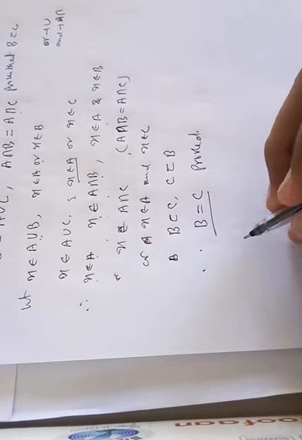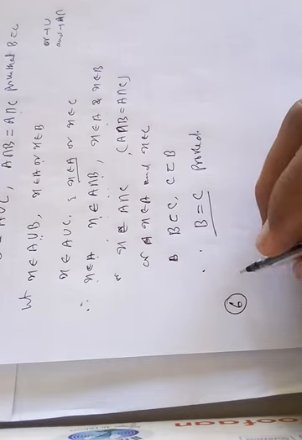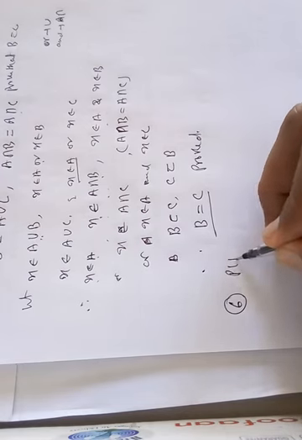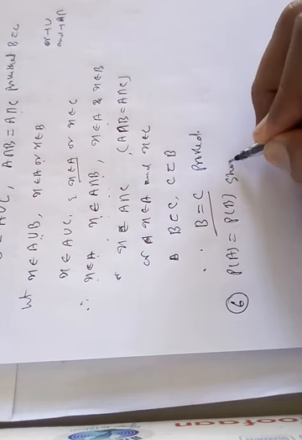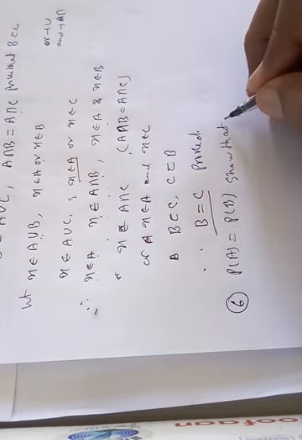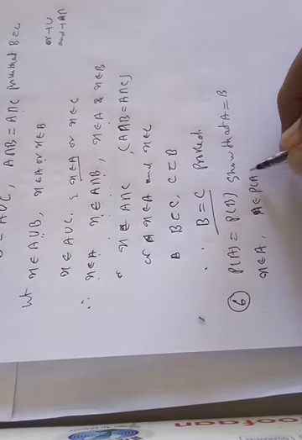And question number 6. Assume that P of A equal to P of B, so that A equal to B. This is question number 6. So P of A, P of B. Let X belong to A, then A belongs to P of A, right?